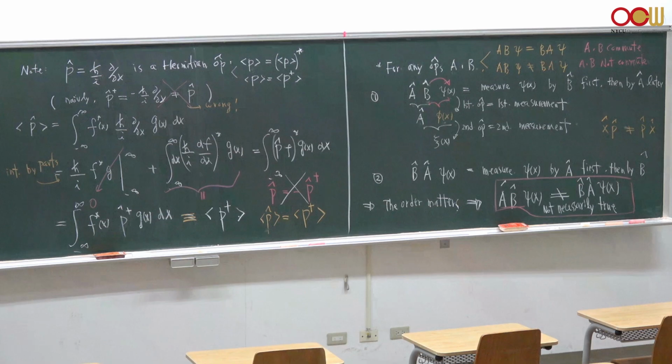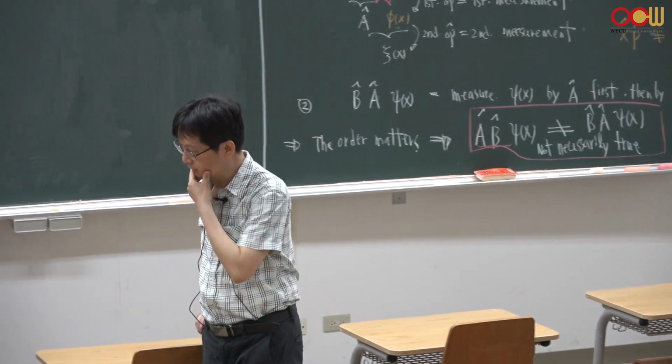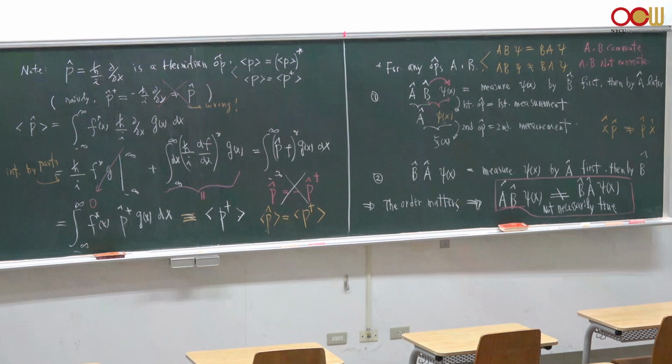But if they do not commute, then we should follow the Heisenberg uncertainty relations. This uncertainty, this h bar over 2, actually comes as a result of the commutator between A and B. The commutator is really the key to understanding the Heisenberg uncertainty relation. Okay, we will come back to this in just a moment.